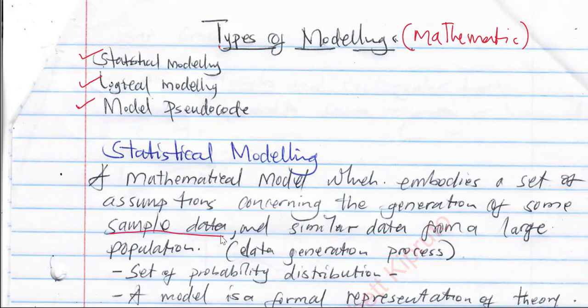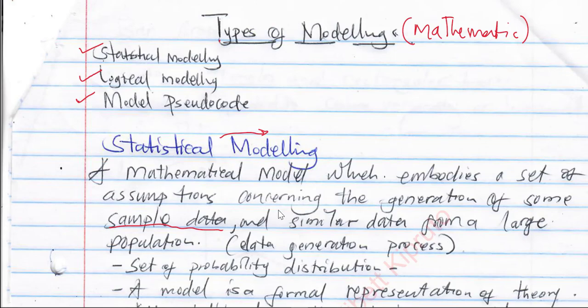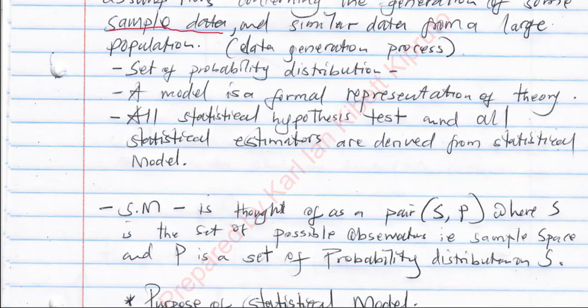When we talk of statistical, it comes from the word statistics. And you know statistics, we are talking of samples of data. We want to get some meaning. A population, you want to understand a population. So you have to model a population. You can model a population using probability distribution, and you can model it using other statistical methods of modeling.